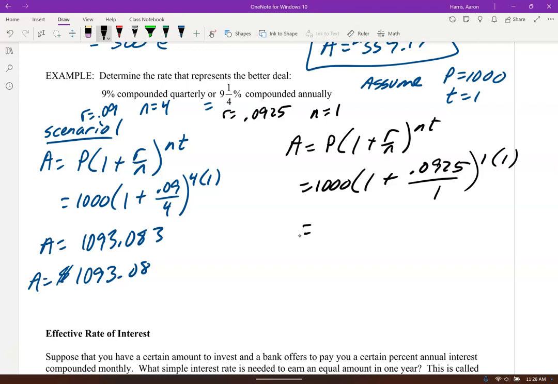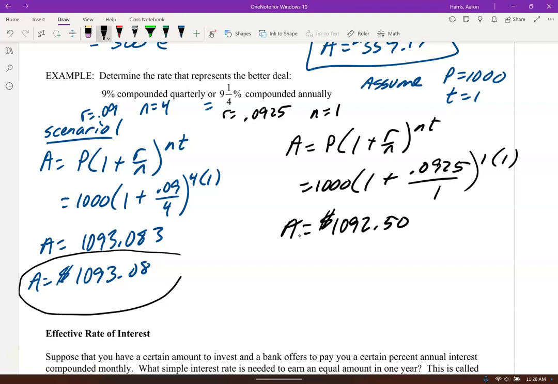And let's see, 0.0925 times 1,000 is 1,092.50. So which one's a better deal?